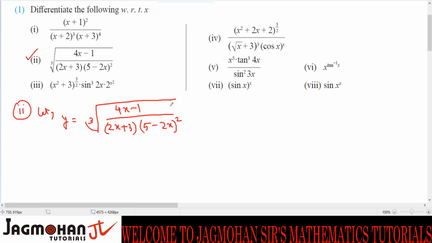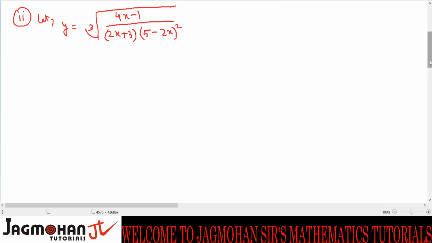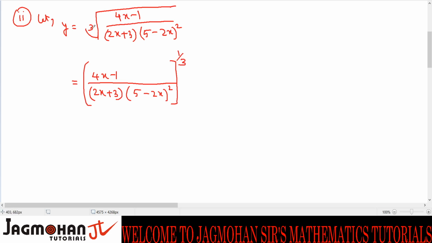Now here, what you see is this function of x. If I write it in exponential form, then it will be raised to 1 by 3 because it is the cube root of this thing.